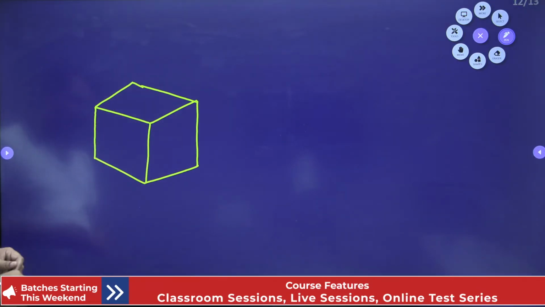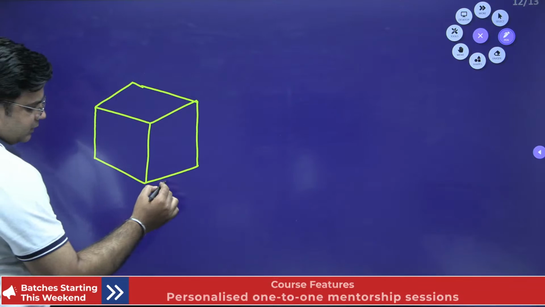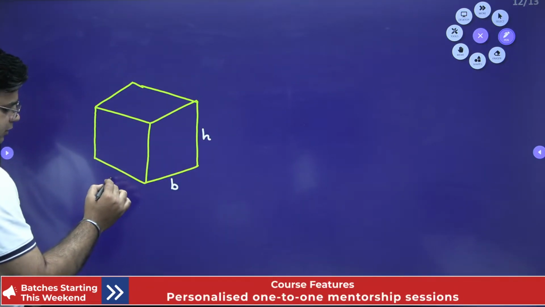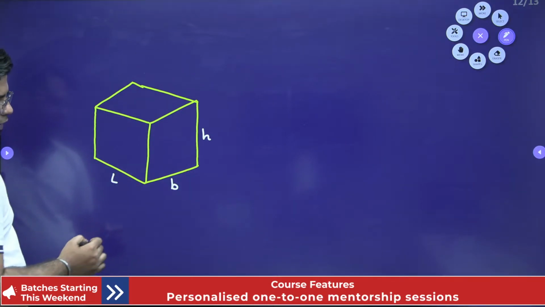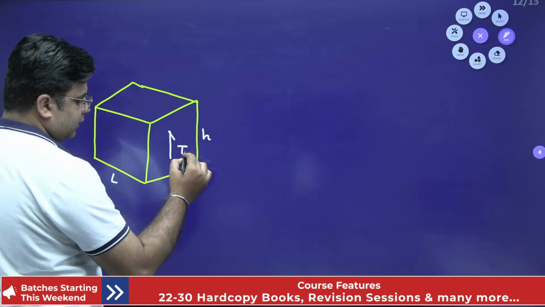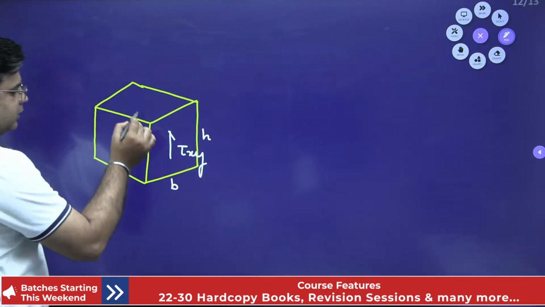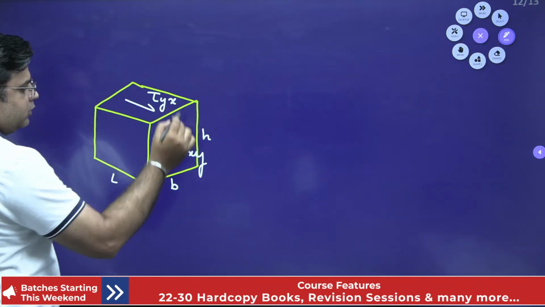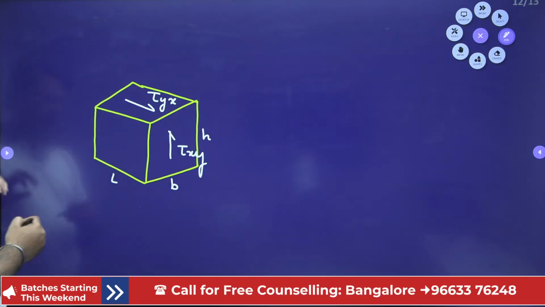So you have one 3D diagram where this is B, this is H, and this is L, right? This is your tau xy, and this is your tau yx.